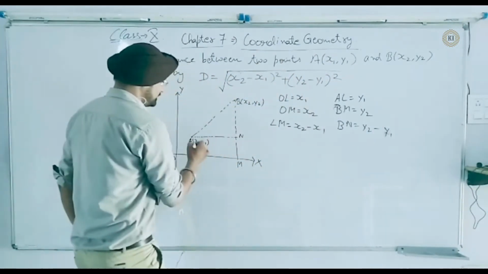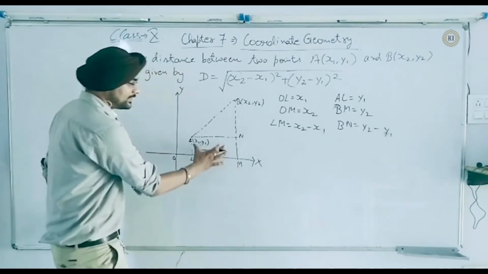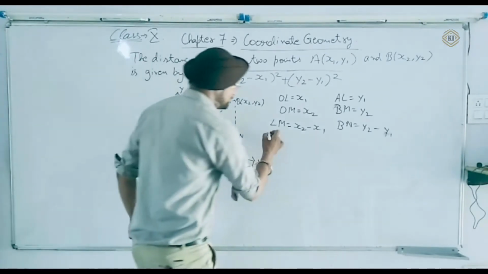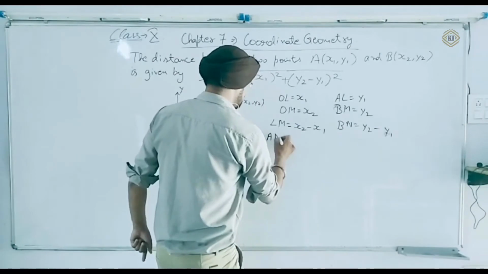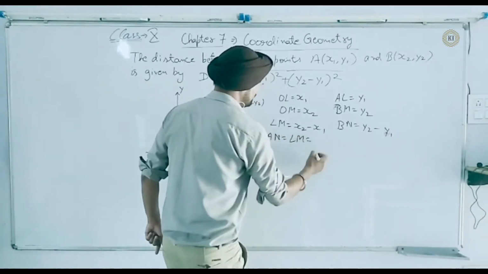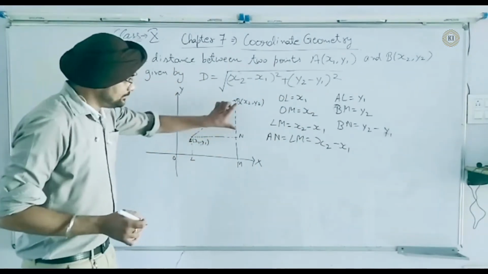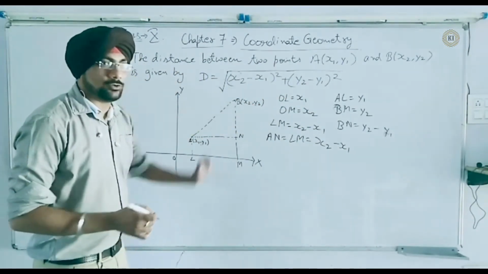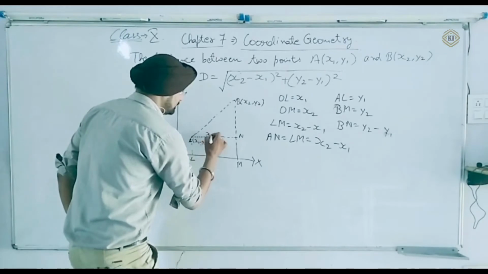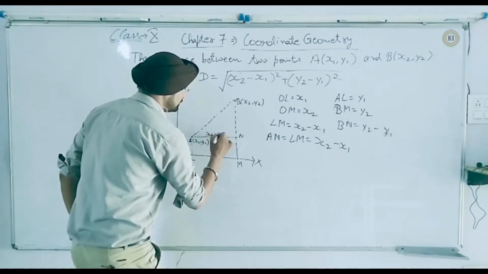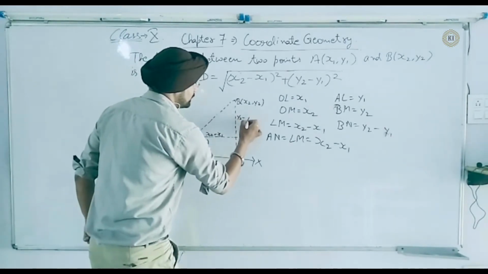Now this part is LN. So LN will be equal to AN. Both are equal. So here AN will be equal to LM, which is x2 minus x1, and BN we have calculated, that is y2 minus y1. So this part is x2 minus x1 and this part is y2 minus y1.